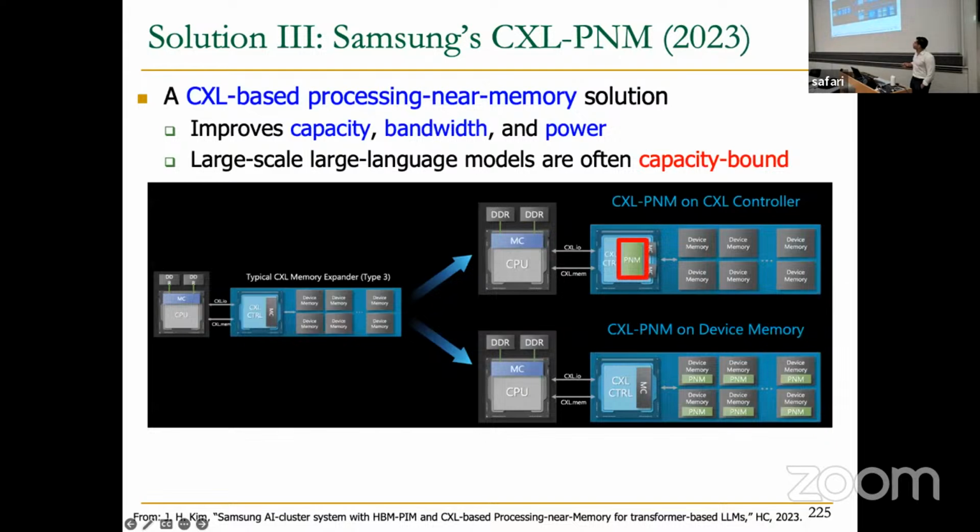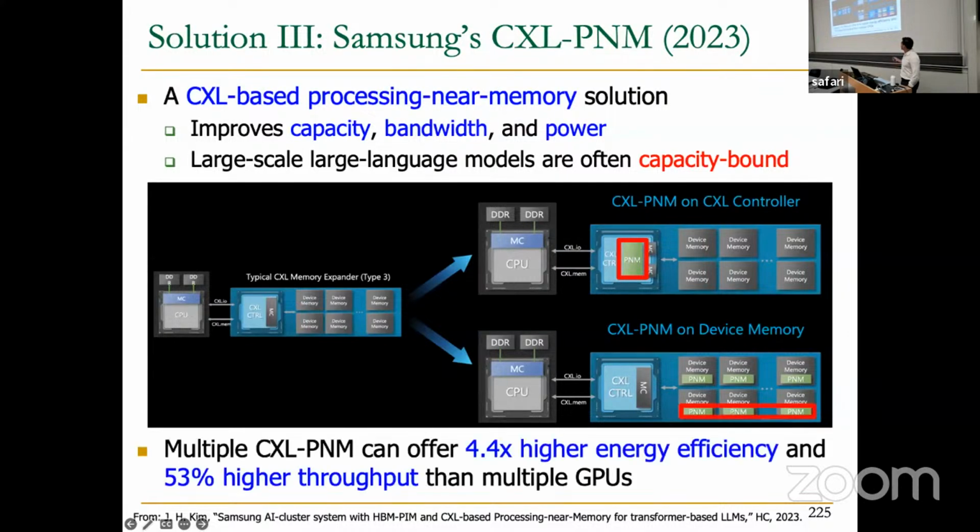They also have one solution for a scale-out system. If you want to train a model that is really large, you are going to have these memory expanders that allow your SSD to extend the memory capacity of your system in a scalable way. This uses a protocol called CXL.